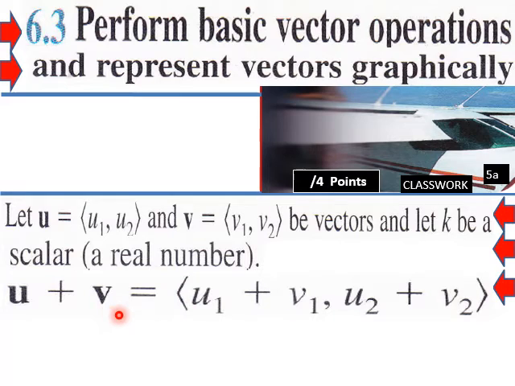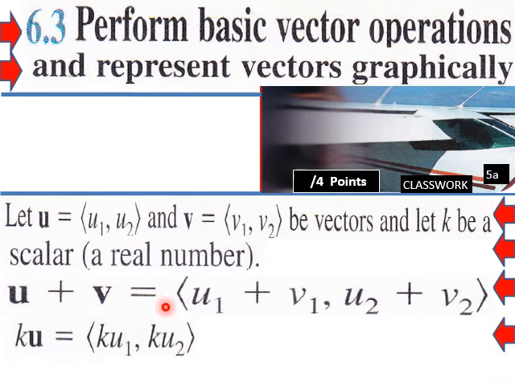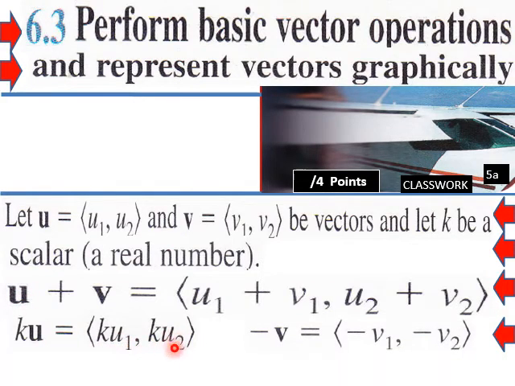So we have u plus v equals (u1 plus v1, u2 plus v2). Here is our first addition, a vector addition. And then our k here is our scalar. So if we multiply u by k, we get (ku1, ku2).